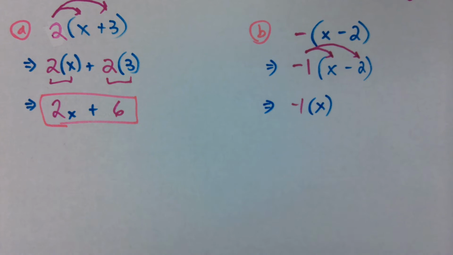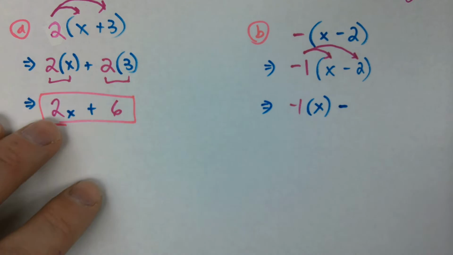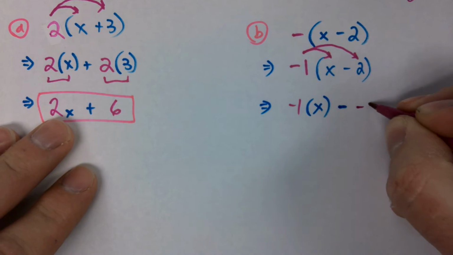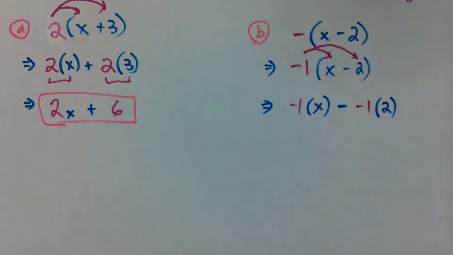Now here's where things get a little bit dicey. The minus sign. Now we can do two things here. Actually, you know what? Here's what we're going to do. We're going to keep the minus sign there. We're going to write out our negative 1 again. And then inside the parentheses is just going to be 2.